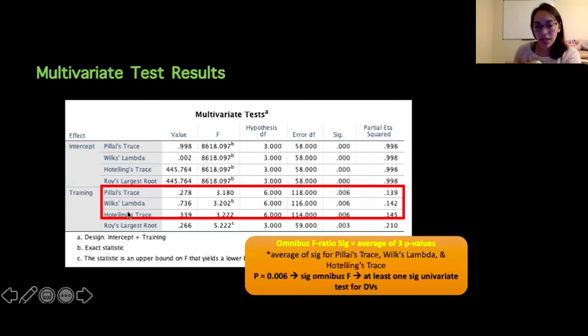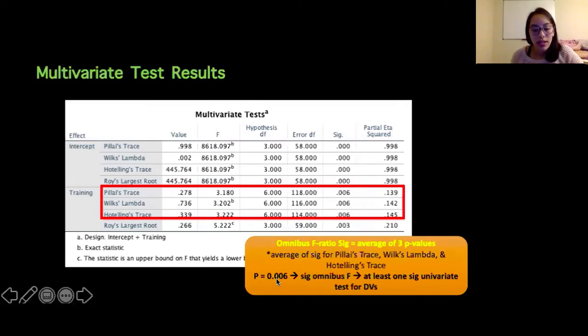And the professor who taught this class before me always just said, just average the p-values, and more often than not, they're equal to each other. So we would take the average of the 3 p-values, and that gives us our omnibus F ratio p-value, right? So, is at least one dependent variable significantly affected by the independent variable manipulation, okay?